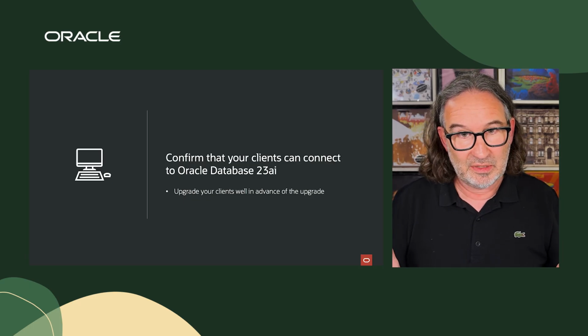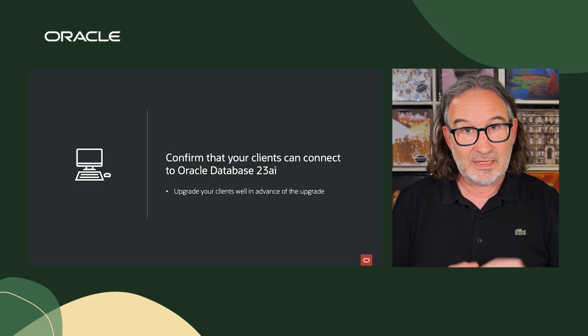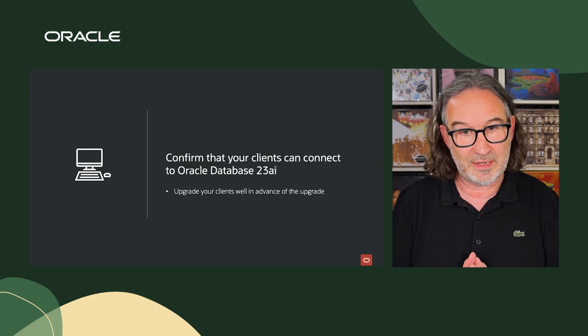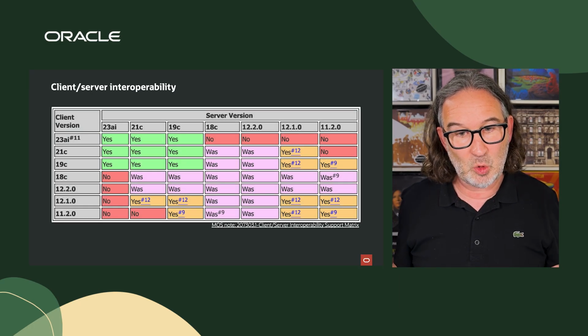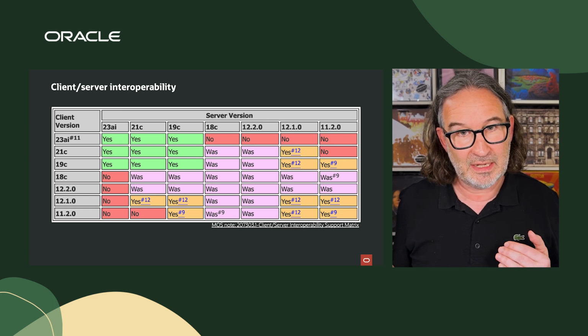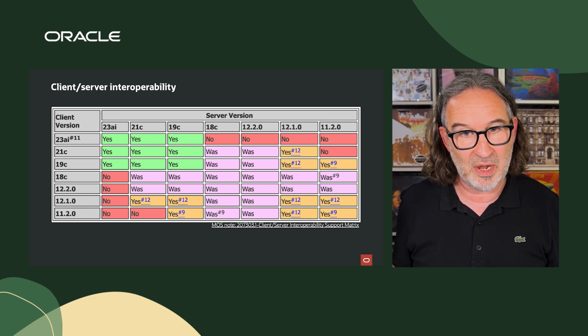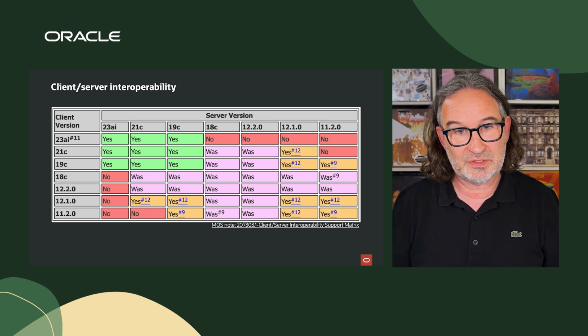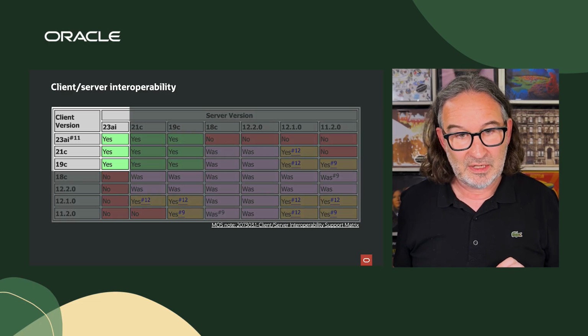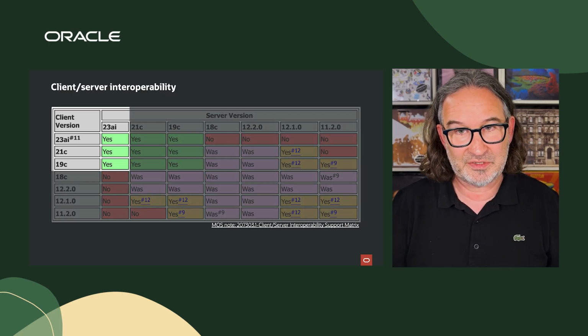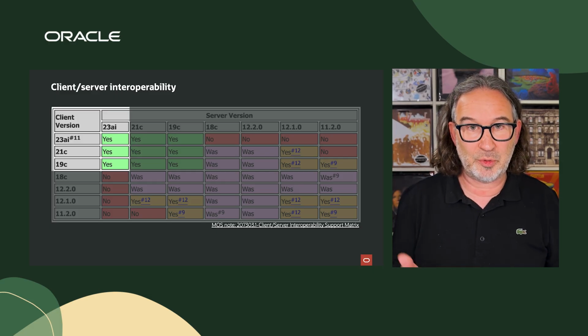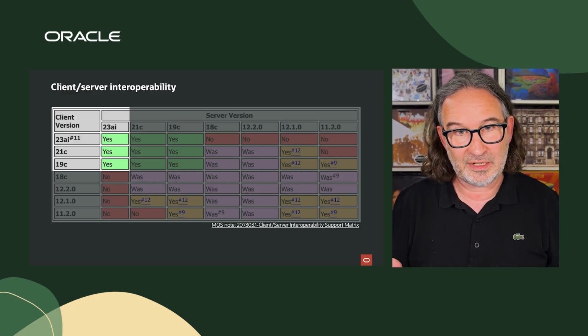Next step in your landscapes is you should check your clients. It's best if you lift your clients upfront to 23 AI as well. When we have a quick look at the interoperability matrix from My Oracle Support for clients and servers, we will see that when we lift our database version to 23 AI, we can use clients 19c, 21, or 23 AI.